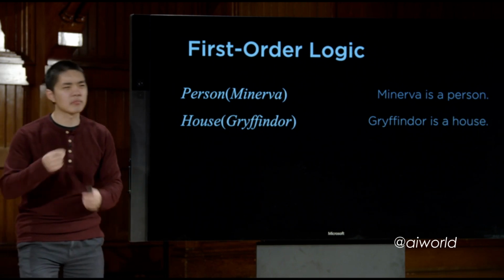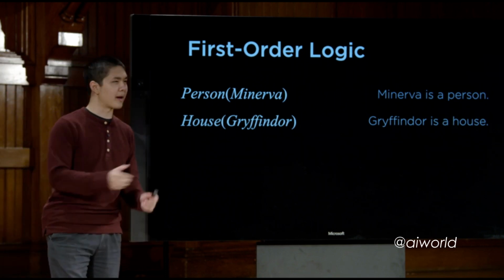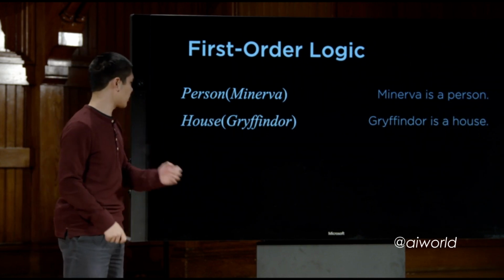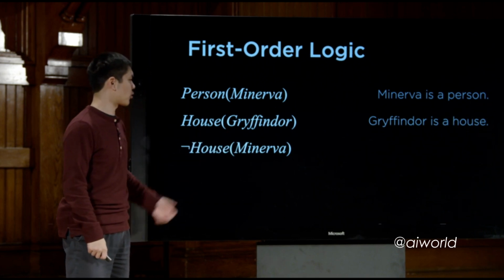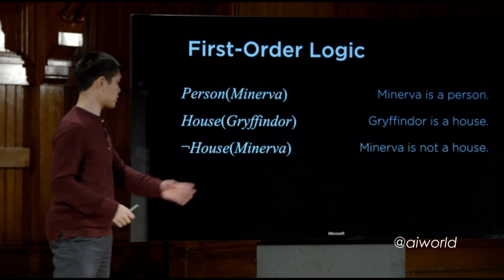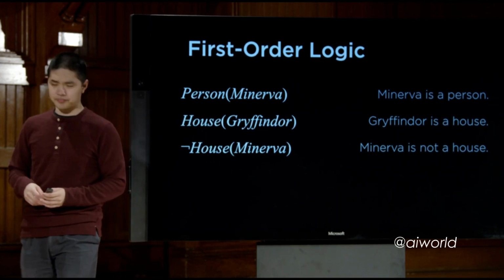And all of the same logical connectives that we saw in propositional logic, those are going to work here too. So and, or, implication, biconditional, not. In fact, I can use not to say something like not house(Minerva). And this sentence in first-order logic means something like Minerva is not a house. It is not true that the house property applies to Minerva.